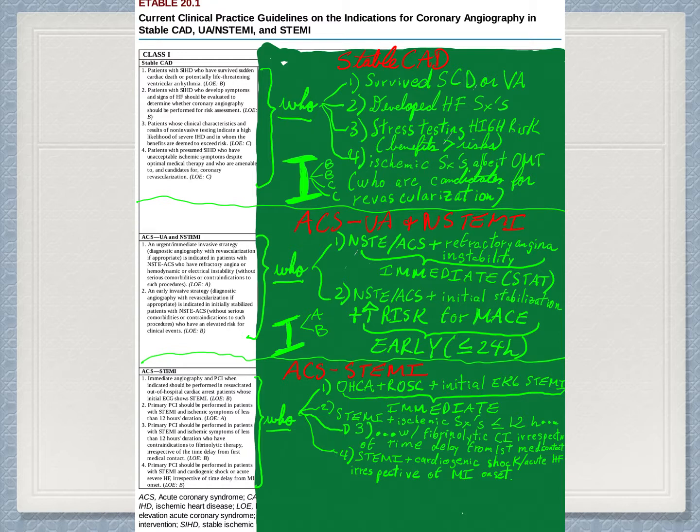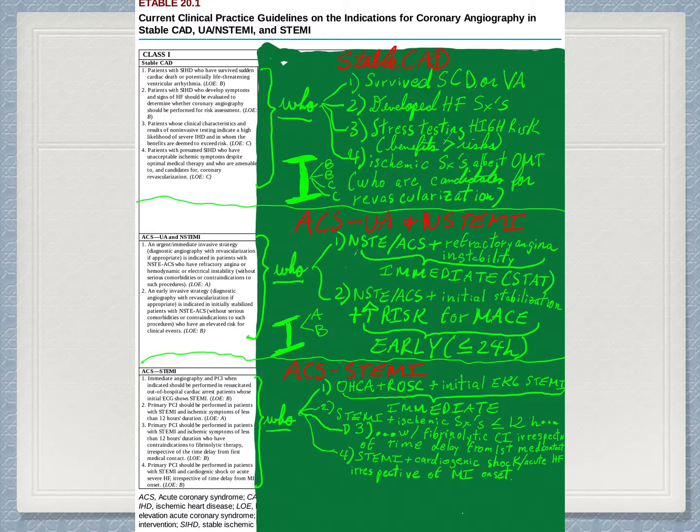Okay, and in the context of STEMI, number 1, OHCA, out-of-hospital cardiac arrest, plus return of spontaneous circulation plus an initial EKG with a STEMI. Take this patient immediately, because probably the substrate or the reason for this will be found in the coronary angiography.